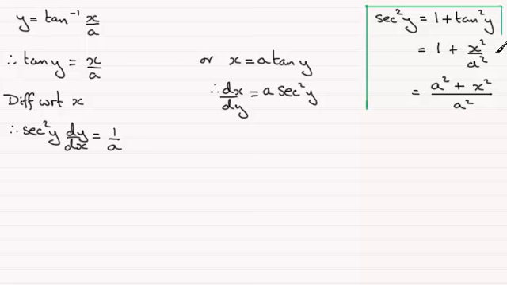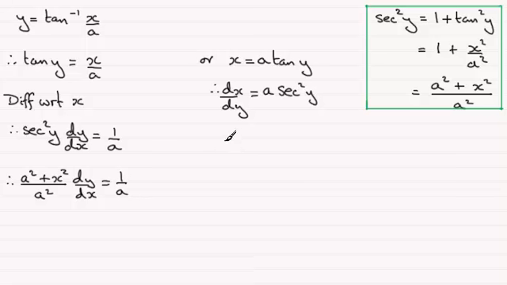Okay, so we can just use it. If I take a squared plus x squared over a squared for sec squared y and substitute it into this version here, we're going to have a squared plus x squared, all divided by a squared, multiplied with dy by dx, equals the 1 over a.